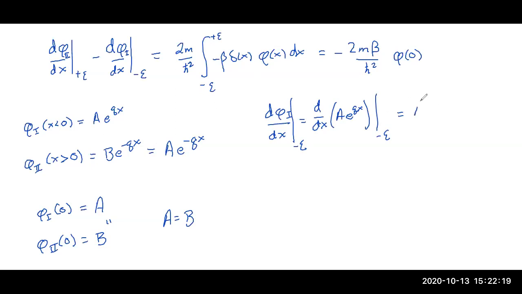So this derivative is a e to the qx times the derivative of the stuff inside, which just gives me q, and evaluate at minus epsilon. And this then becomes a times q e to the q times minus epsilon. All right, so this is the derivative of phi 1 with respect to x evaluated at minus epsilon.